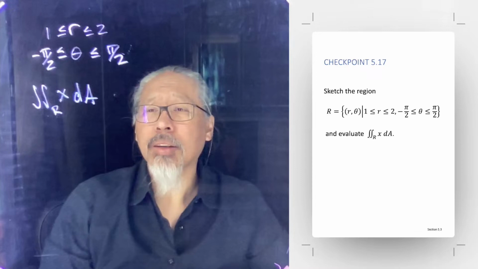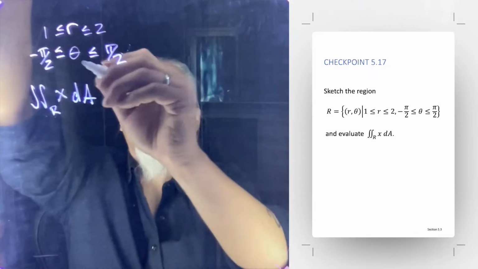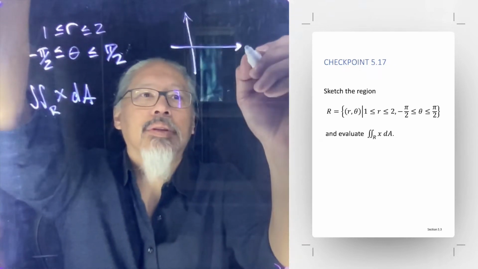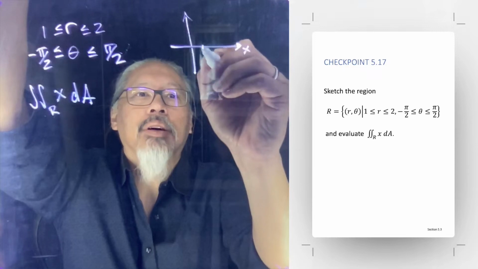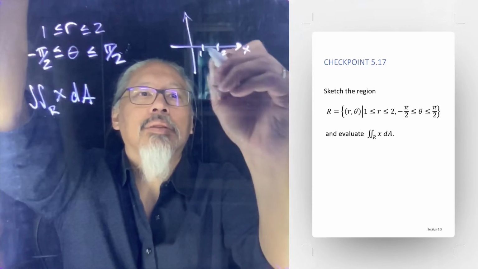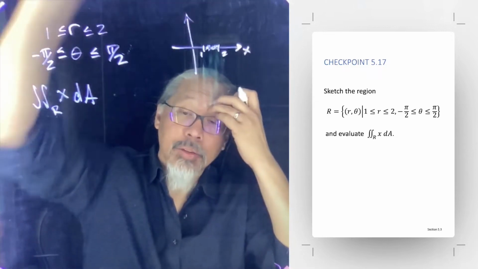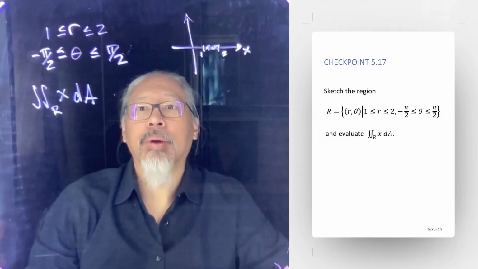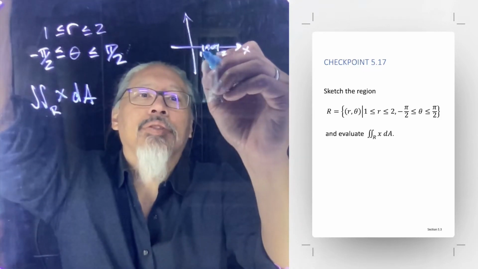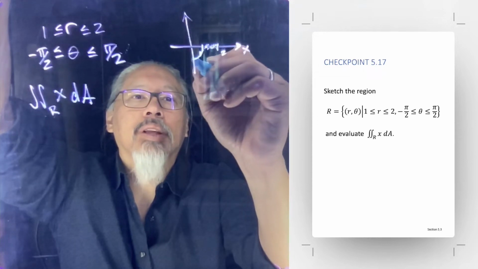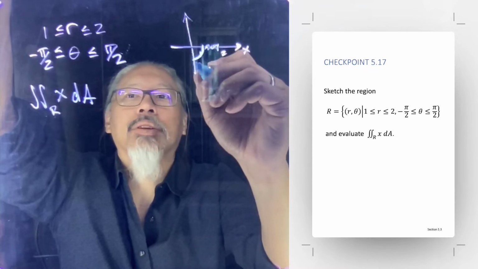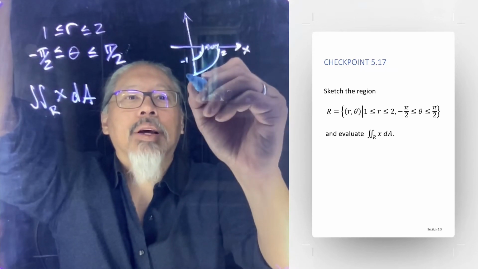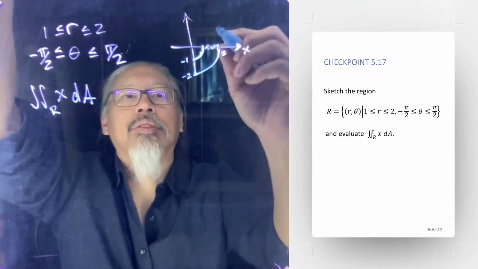Okay, so first let's figure out what this region is going to look like. Let's say the angle was equal to 0, and we have an r value that goes from 1 to 2, so we'll have that sort of strip. We're looking at a radial distance, and as we move theta from 0 to negative pi over 2, we drop down to y values of -1 and -2.